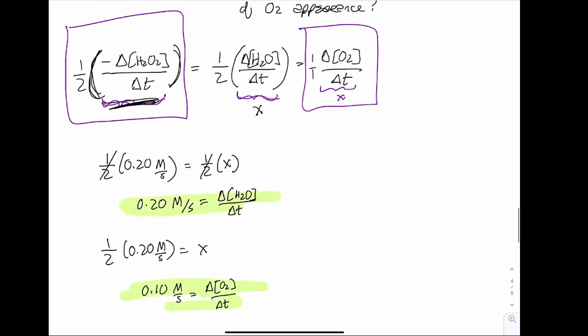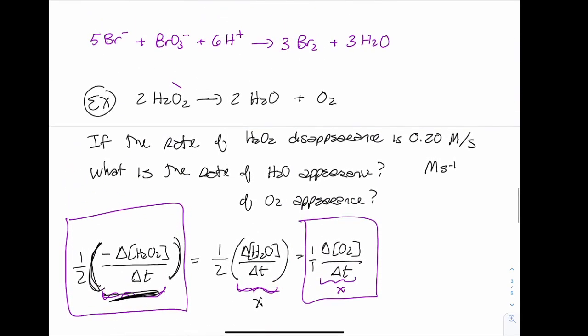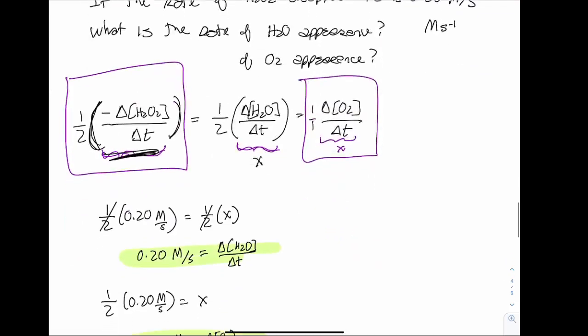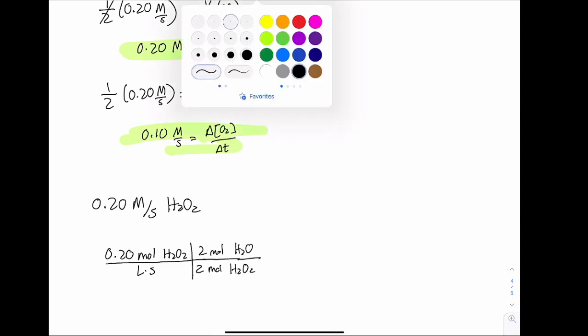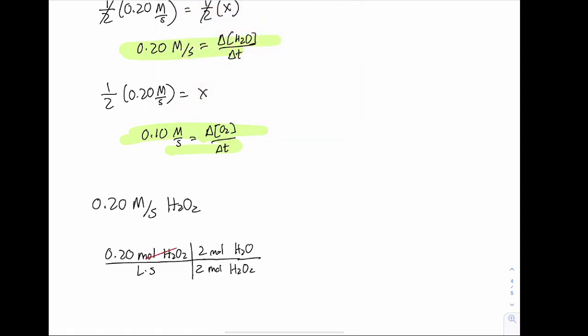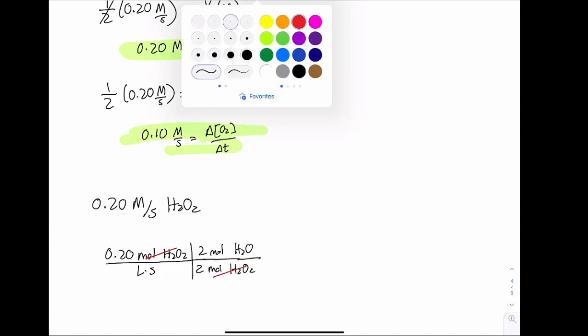And then I'm just going to go up to my balanced equation. I know for every 2 moles of hydrogen peroxide, I'm going to form 2 moles of water. Because hydrogen peroxide is on the top down here, I need to put hydrogen peroxide on the bottom. So 2 moles of hydrogen peroxide for every 2 moles of water. Moles of hydrogen peroxide cancel.